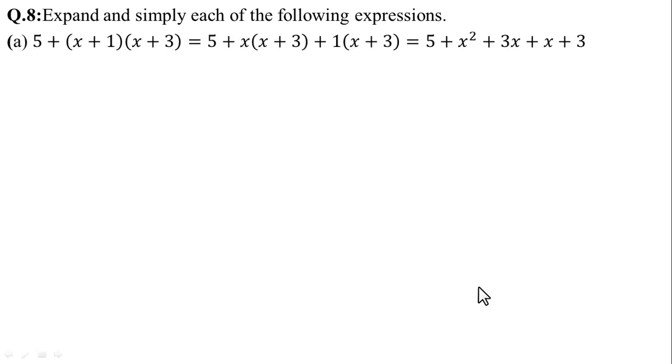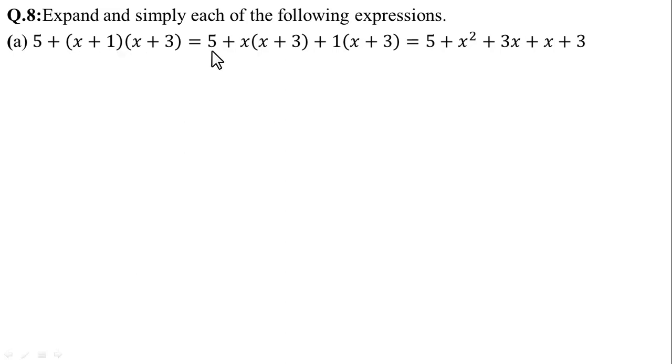Now we will move to question number 8. In question number 8, expand and simplify each of the following expressions. A part: (5 + x)(x + 3) + 1 into (x + 3). x is multiplied by x + 3, and 1 is multiplied by x + 3, plus 5.